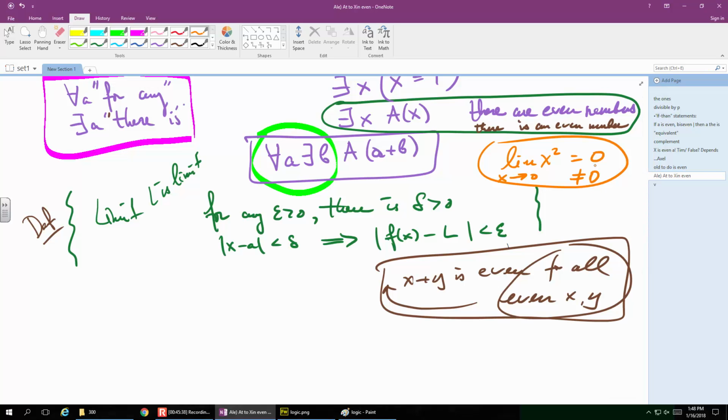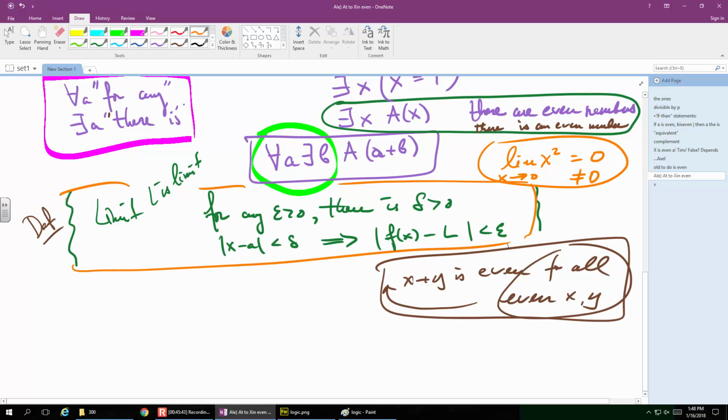You take this statement and you negate it. So L is the limit; in this particular case, 0 is the limit of x squared as x approaches 0. Now I negate it.